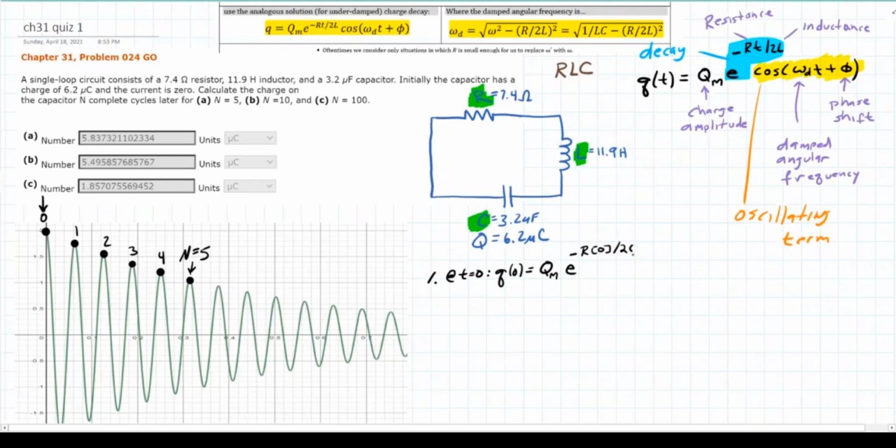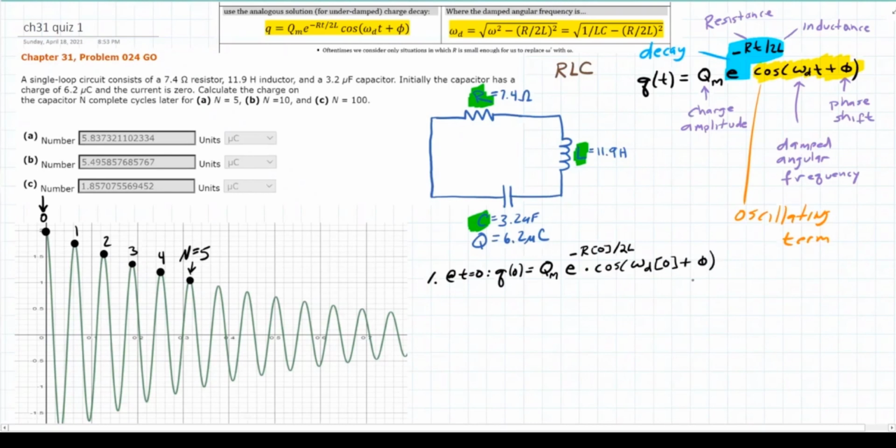I'll just leave it as L. Okay, because I know e to the 0 is just equal to 1, so that term's going to go away, times cosine of omega d times 0, because again, we're looking at what's going on at time equals 0, plus the phase shift.